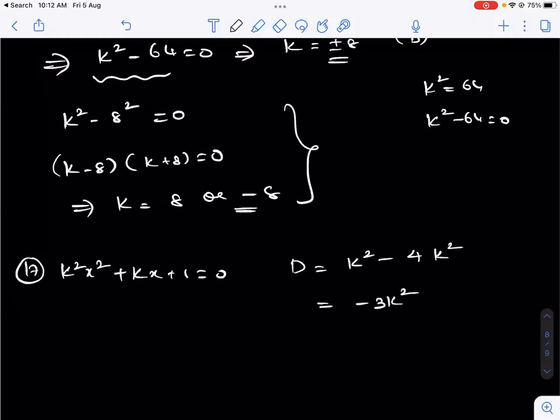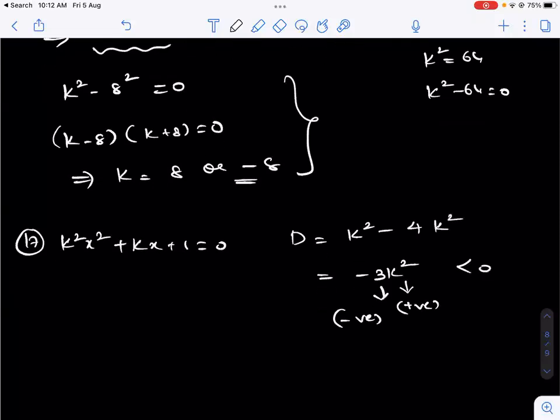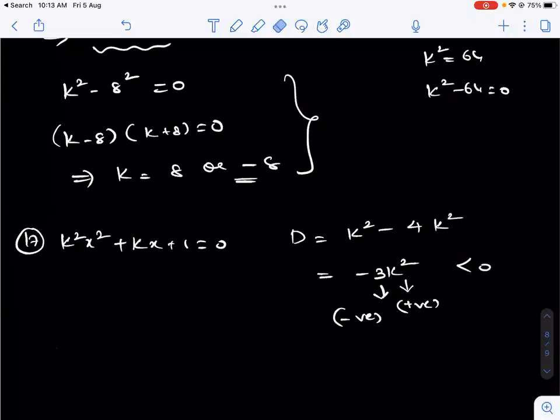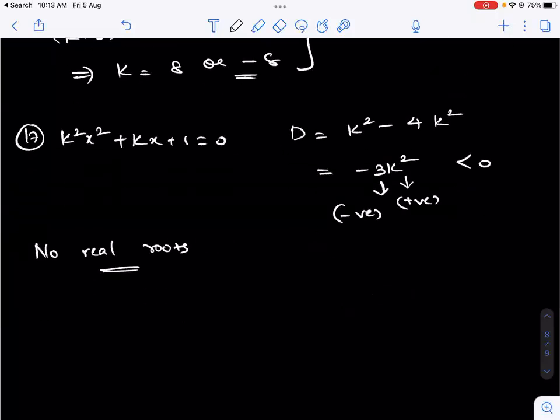Discriminant is minus 3k square. So observe, minus 3 is negative, k square is positive. Negative into positive will give you negative. So discriminant is less than 0, which means no real roots. That's the answer.